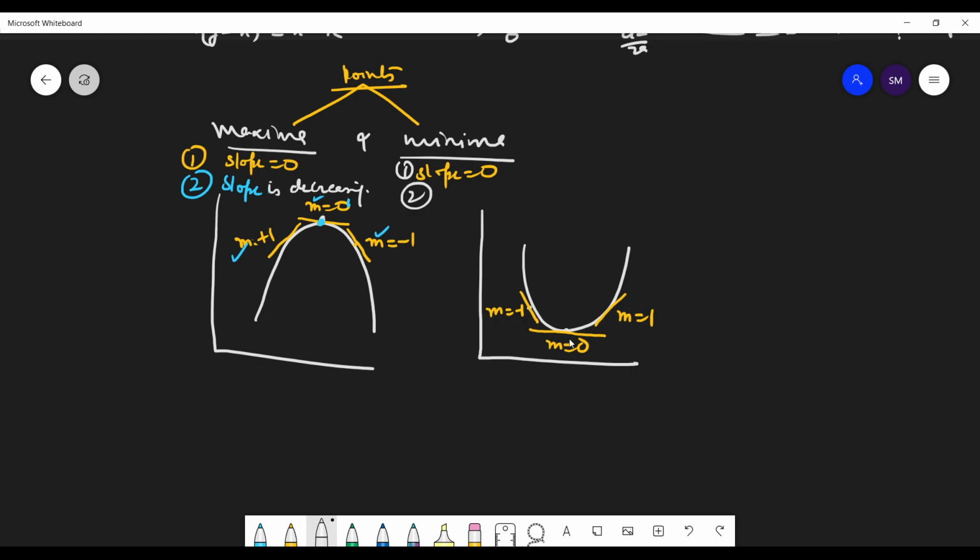Okay, so tell me here, what about the slope? So that's the difference. Slope is 0 at both the places, but here the slope is increasing, here the slope is decreasing.